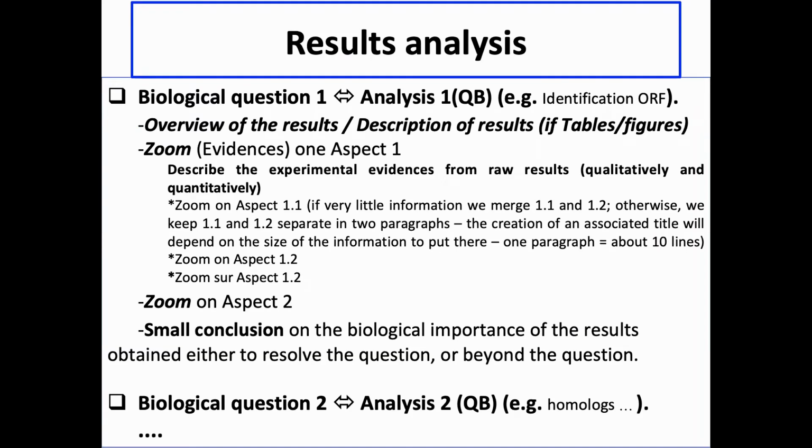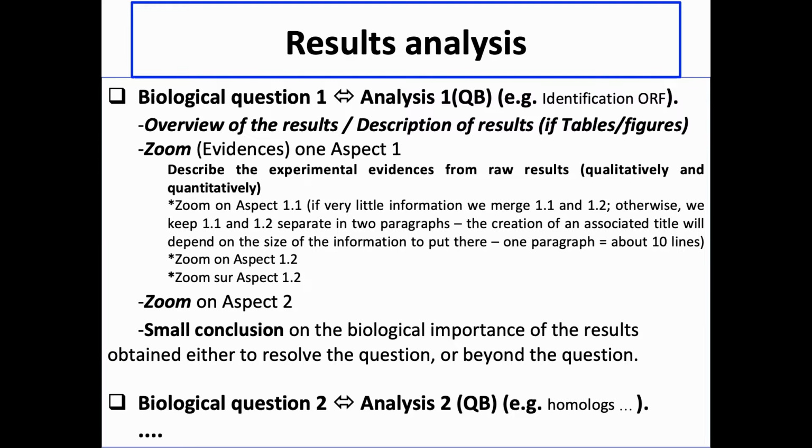So for that, you have different aspects. The first thing is the biological question. Because from raw results, as I told you at the beginning, in bioinformatics, or even in another field of science, with one result you can decipher different analyses based on the biological question you have.